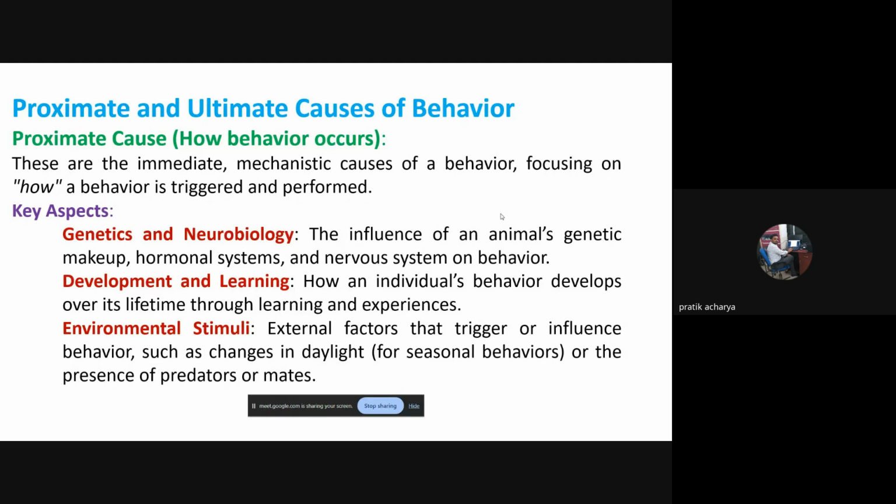So the key aspects of this proximate cause are genetics and neurobiology. What is the cause of behavior? Why are we performing behavior? Some time ago I explained that when we perform a certain behavior, there is a physiological change inside the body. When we get certain fear from any kind of external environment, we start secreting certain enzymes, certain hormones inside our body.